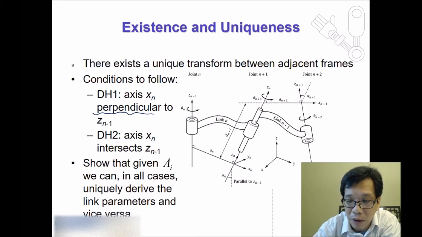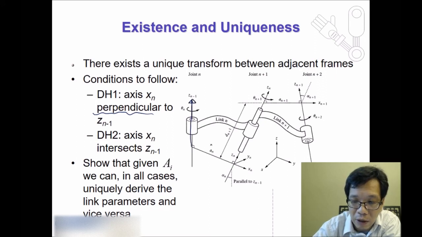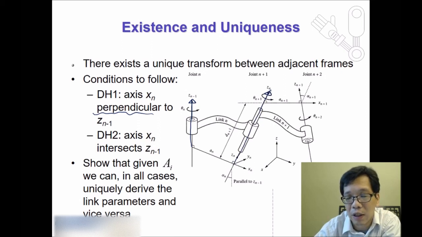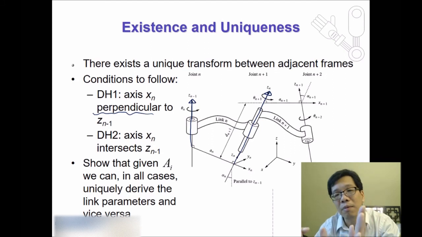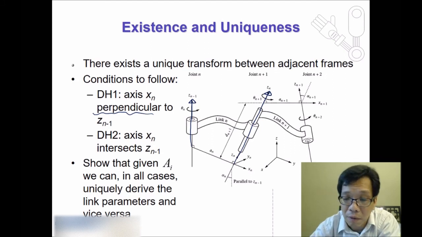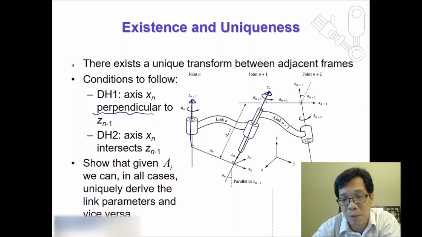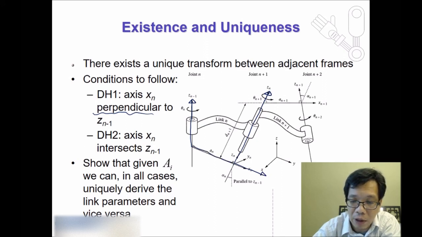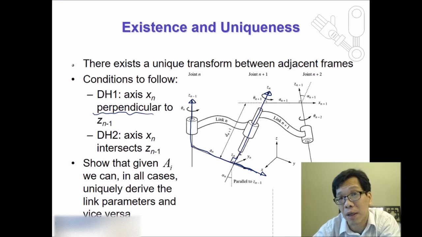So the x, this one over here, certainly we are having another z over here. But since z might not be aligned well, they must have some kind of angle of alpha. But the x direction over here must be perpendicular to two things. My current z-axis that's given because that's the definition of coordinate system.